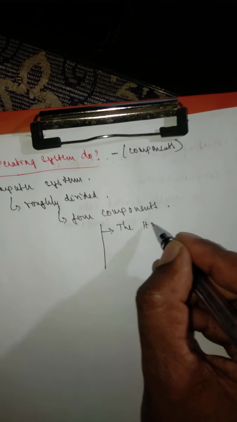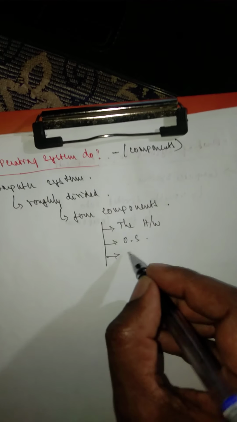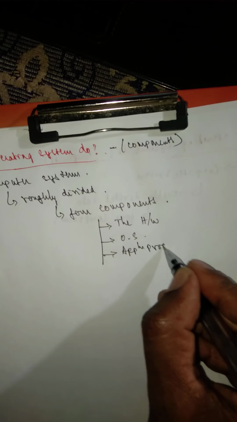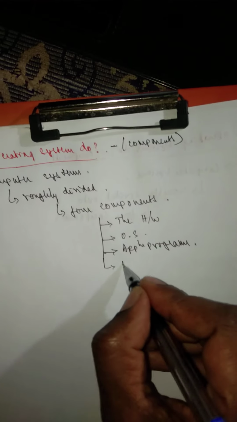The first one is the hardware, and the second one is the operating system. Third one is application programs, and the last one is users.